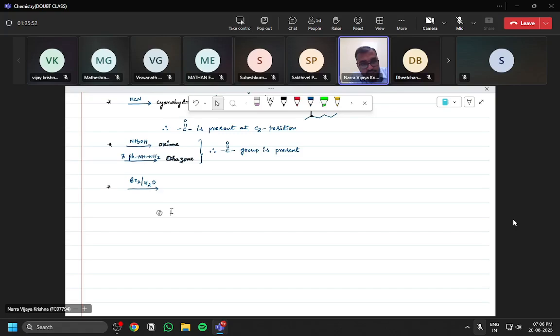Correct? So with bromine water, you get gluconic acid, which confirms the presence of an aldehyde group. Here, no reaction means the aldehyde group is absent.